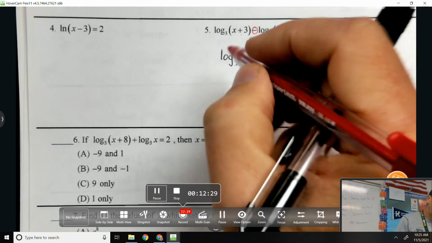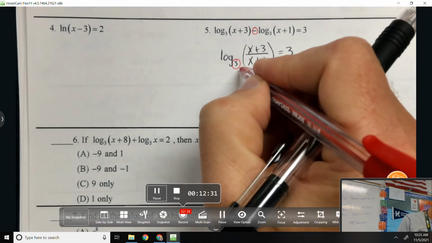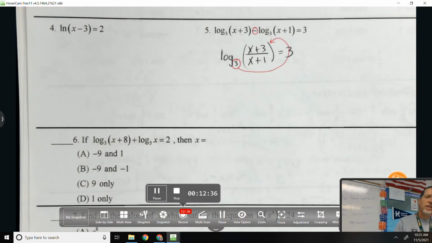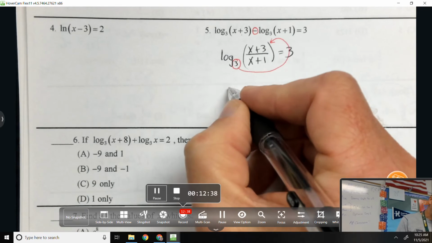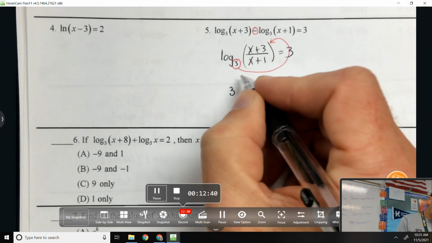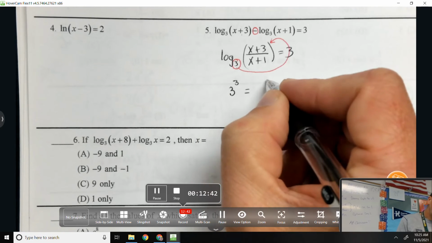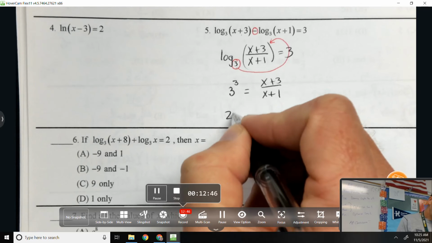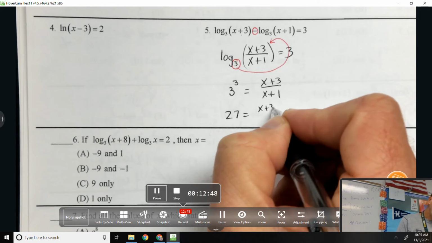If you want to undo a log, you can fishhook. So base 3 raised to the other power 3 equals the argument. So 27 equals x plus 3 over x plus 1.